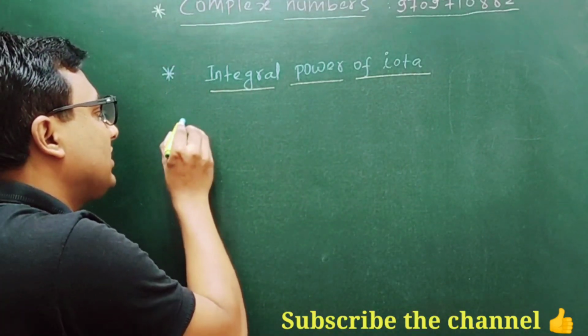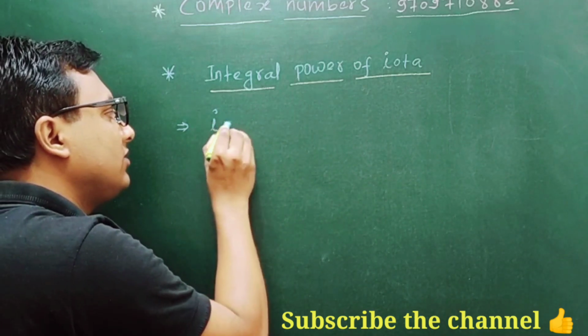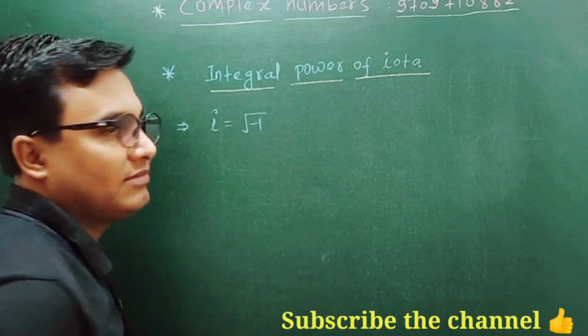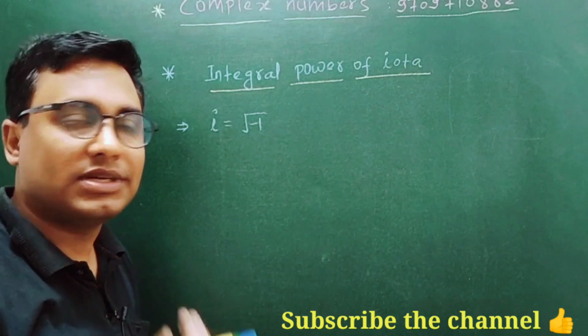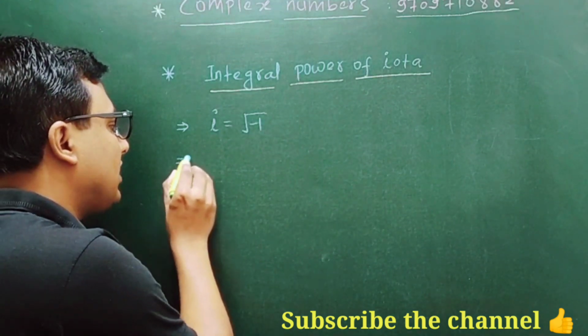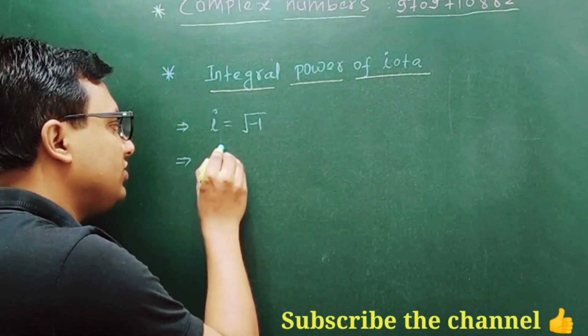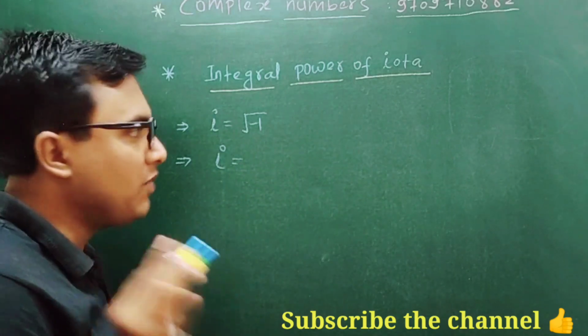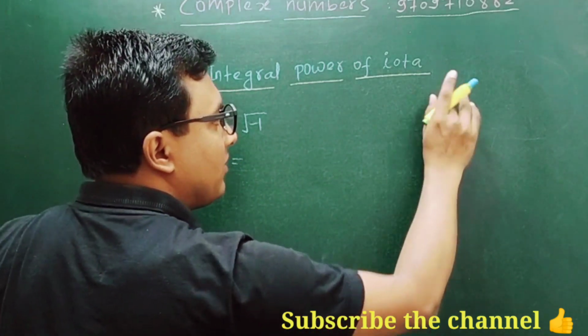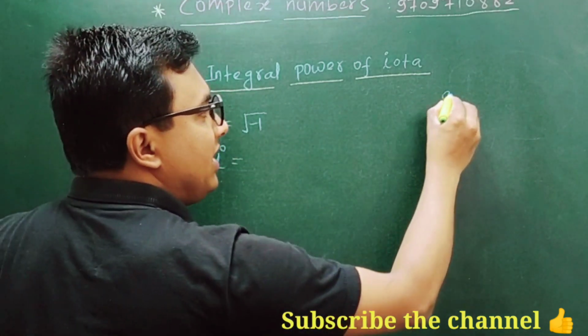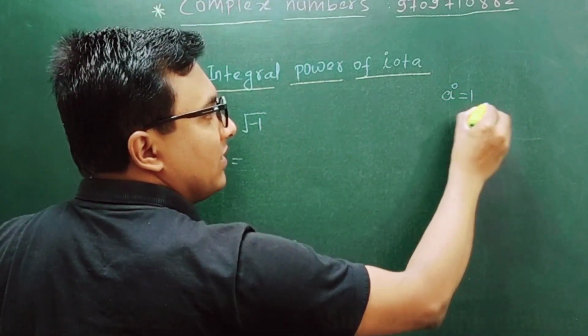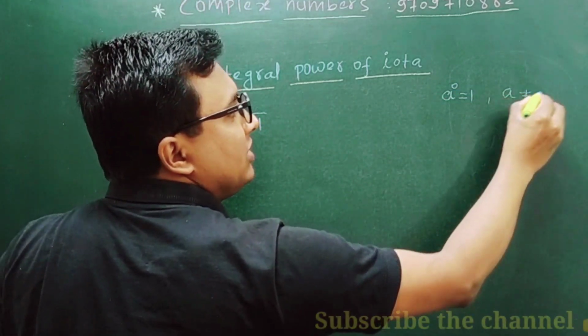You know that iota is equal to root under minus 1. And now, iota to the power 0 is what? You know that a to the power 0 equals 1, where a is not equal to 0.